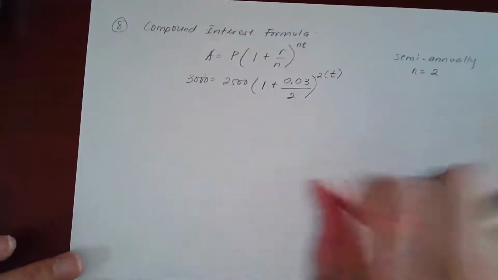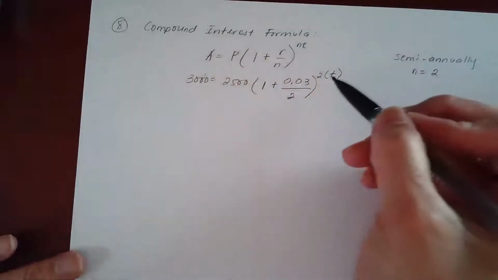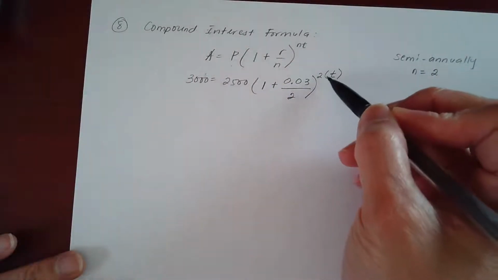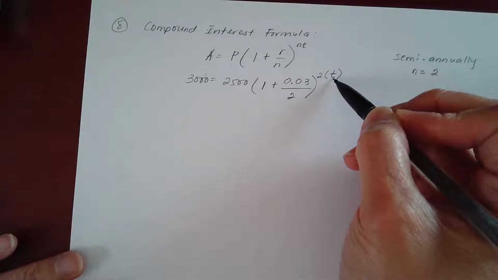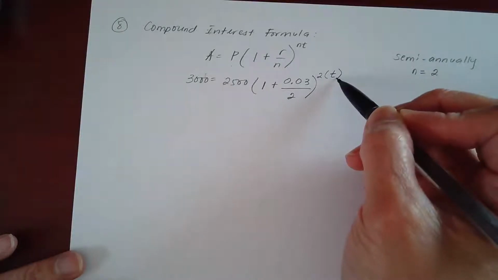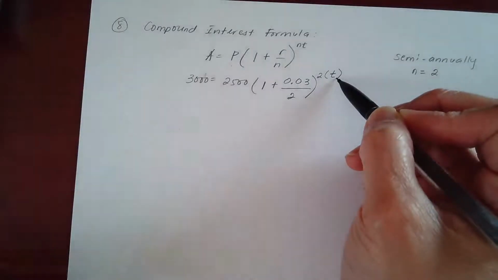So we're looking for how long that will take. As you can see here, the exponent that we're looking for is the t, and because it's the exponent, we have to use a logarithm in here.